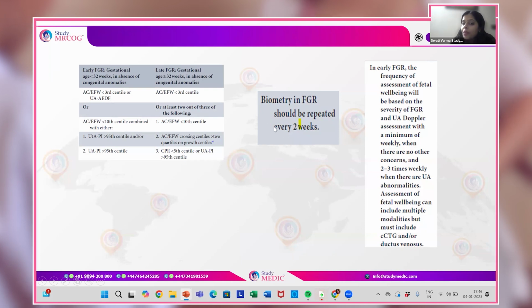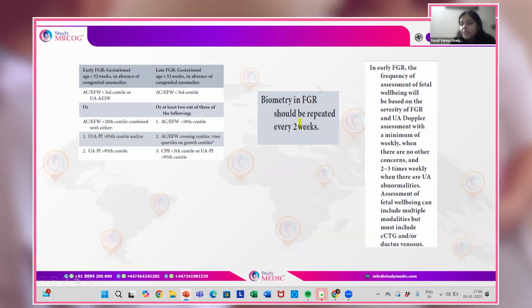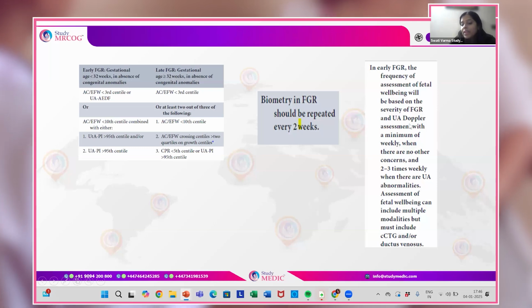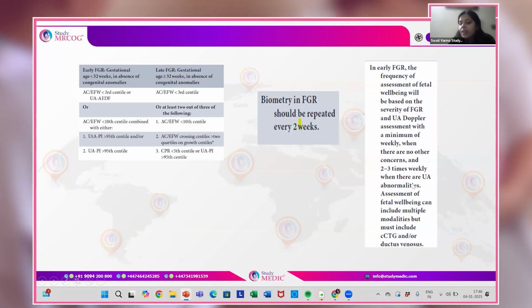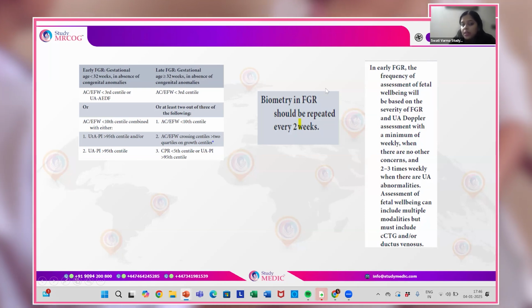Biometry is to be performed now every 2 weeks in FGR, and weekly you will perform umbilical artery Doppler. If there are any other concerns, then more frequent monitoring, like 2 to 3 times weekly. If you find any umbilical artery abnormality, then 2 to 3 times weekly, otherwise weekly.